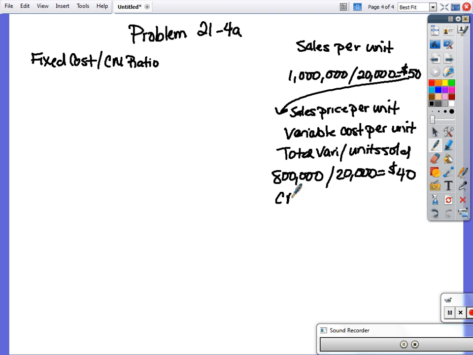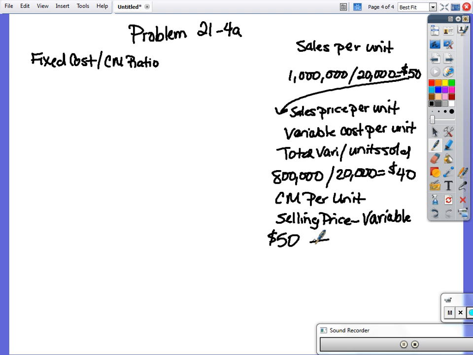All right, contribution margin per unit: selling price minus variable cost per unit. Selling price was what, 1 million? I mean, I'm sorry, 50. So $10.